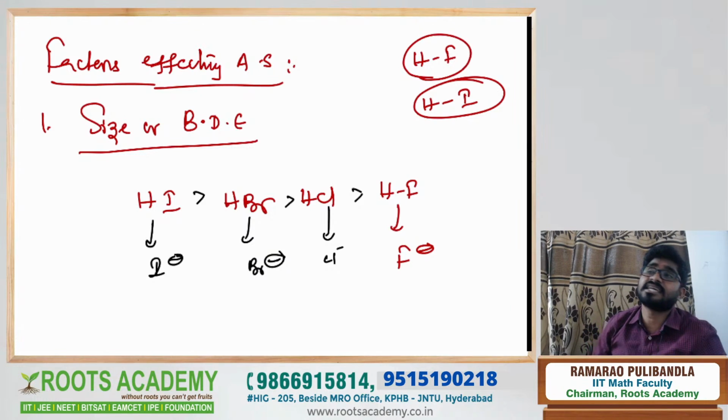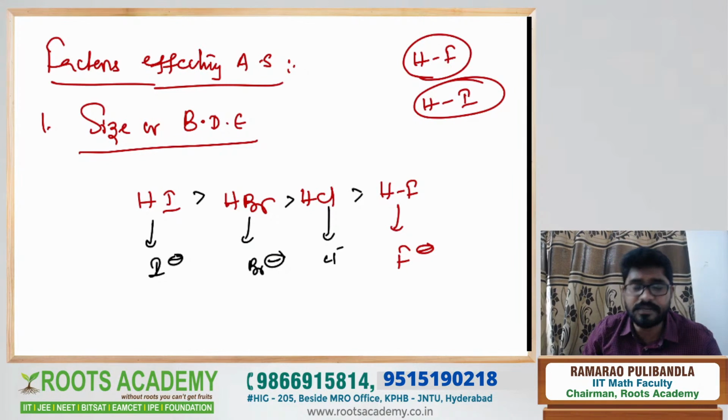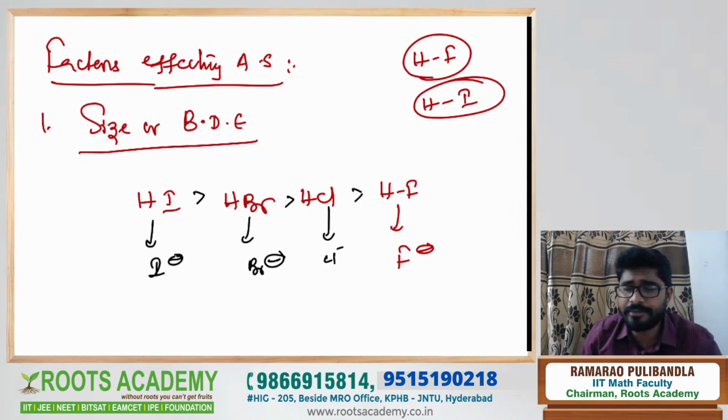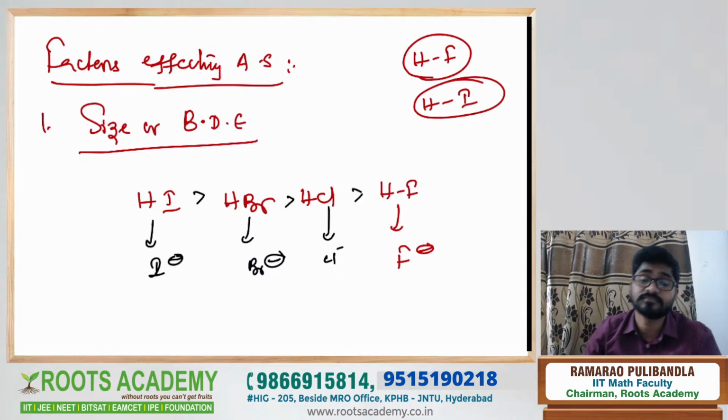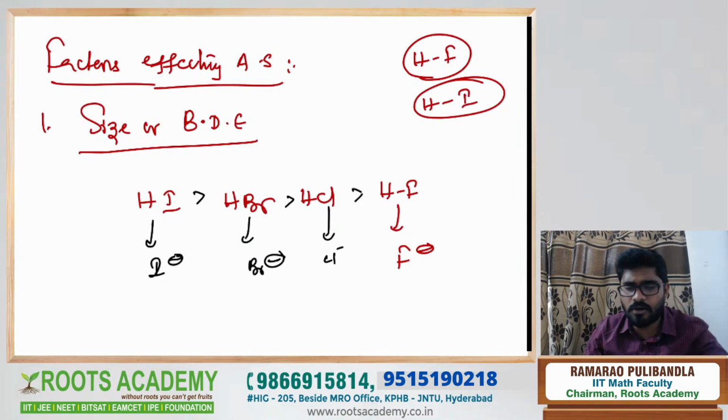Yeah, sizes are similar, bond energy is more. Simply I'll tell you, the bond between an apple and apple, and the bond between apple and watermelon. Now you tell me which bond is more strong?